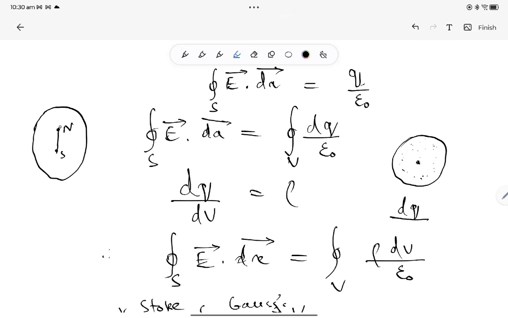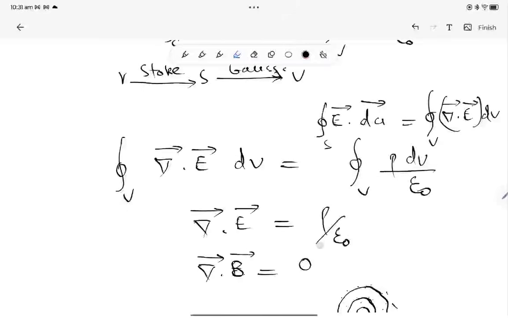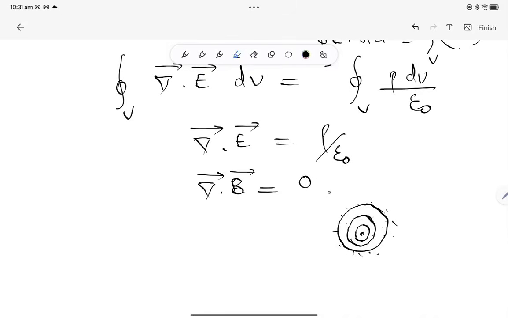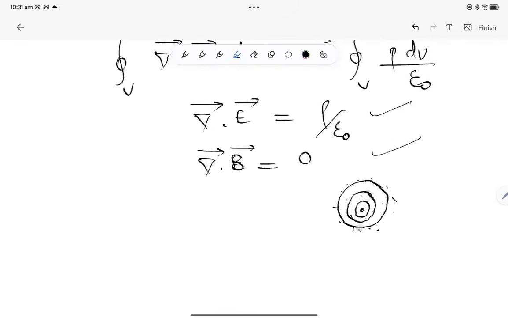This can also be understood by the fact that when flux leaves from the north pole, it returns to the south pole. It contributes positively here, negatively there. The overall contribution is zero. So the magnetic flux through a closed surface equals zero. This is Maxwell's second equation in differential form.